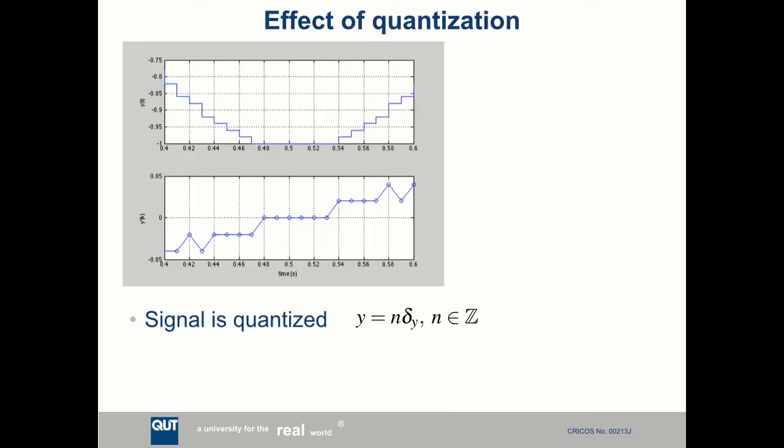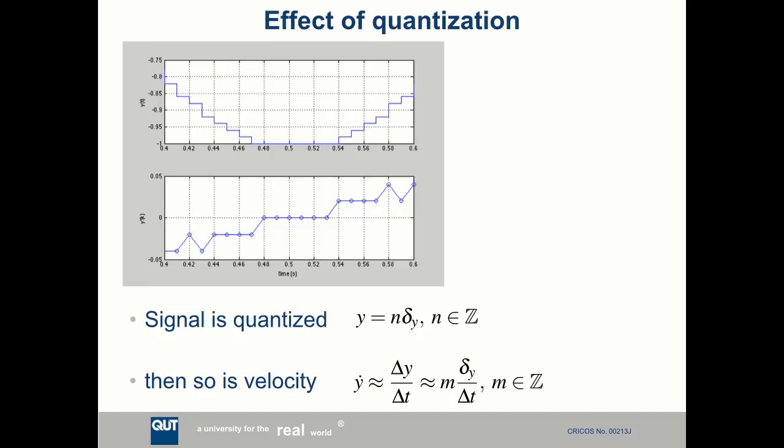And we can think about that: the input signal is quantized. So we can represent the value of our signal y as n times some little increment, some little delta. So if that's this little step size here, if I call that delta y, then my signal is an integer number of those, the smallest increment that can possibly be. N is an integer in this case, yeah?